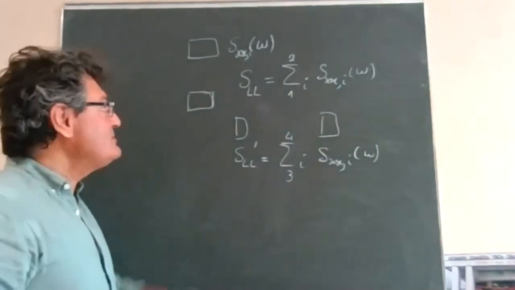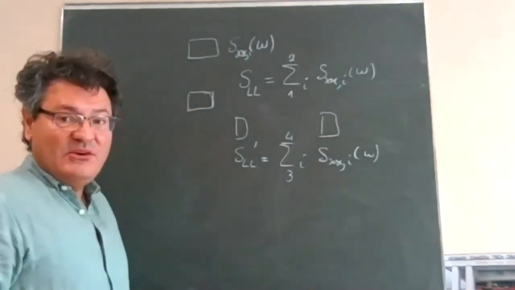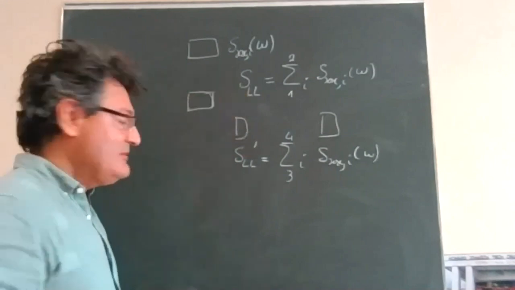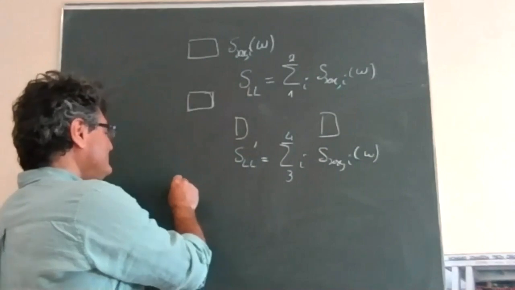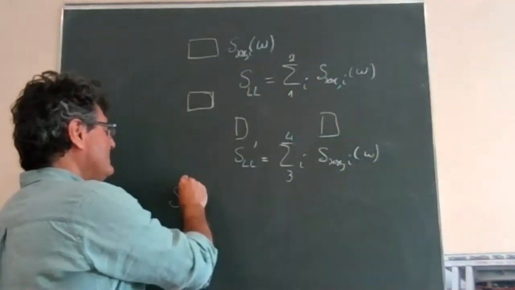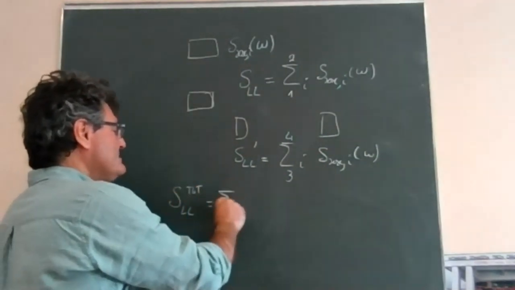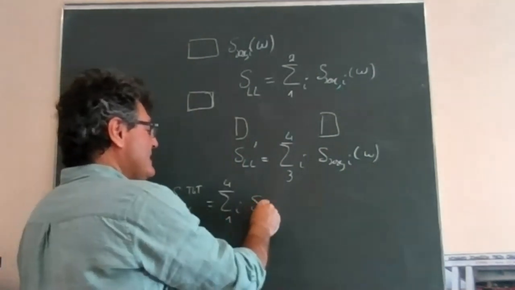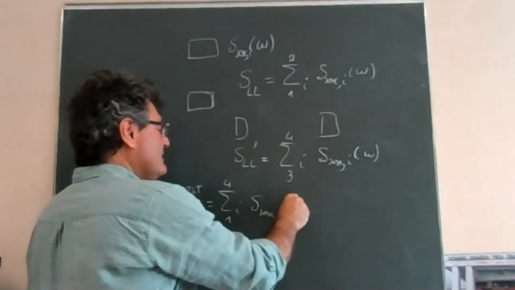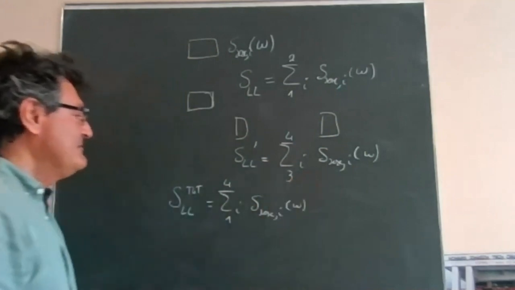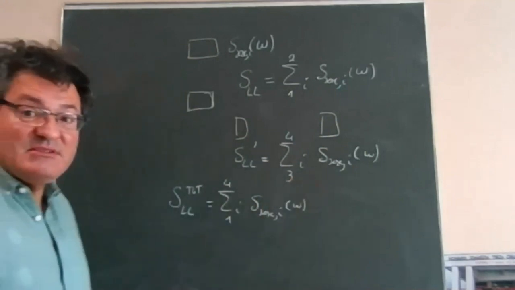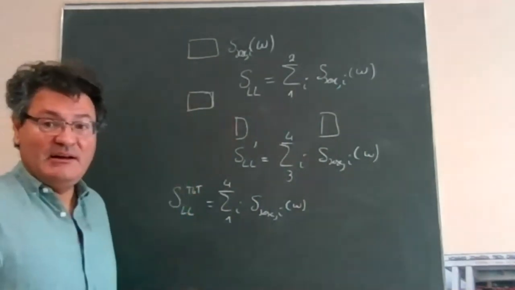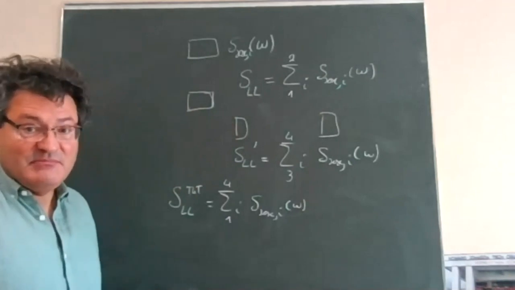So the total noise of length is the sum of these two: S_LL total is the sum from i=1 to 4 of S_xx,i of omega. This is the spectral density of the noise associated to the length of the cavity.